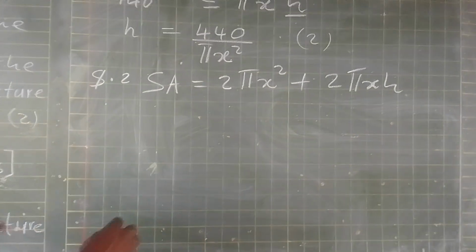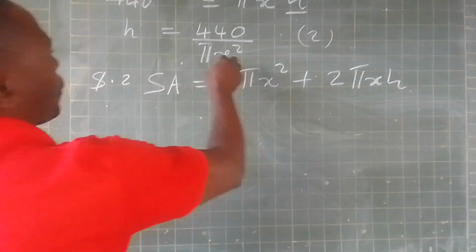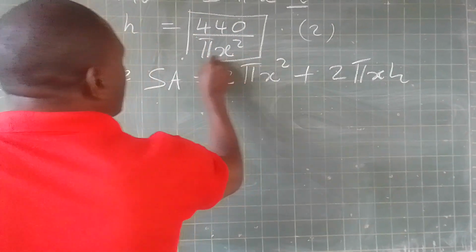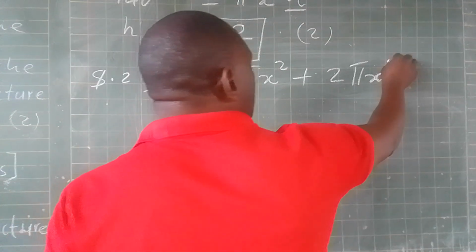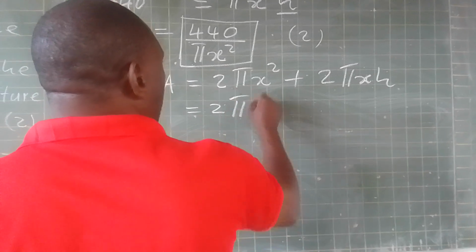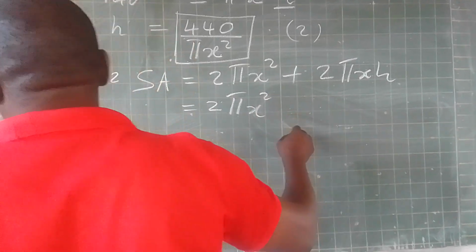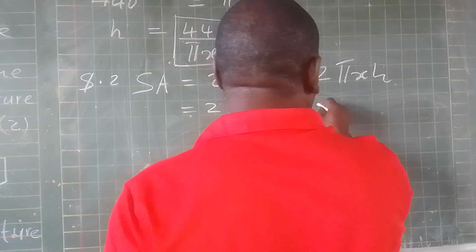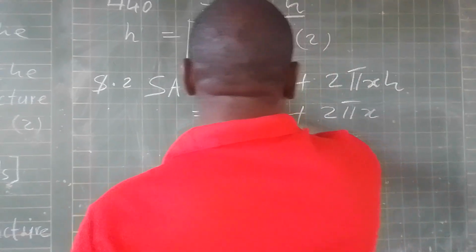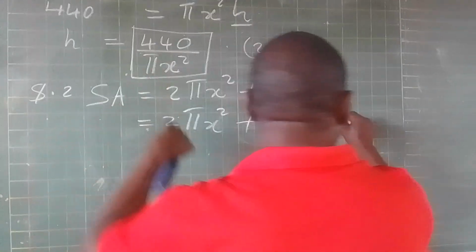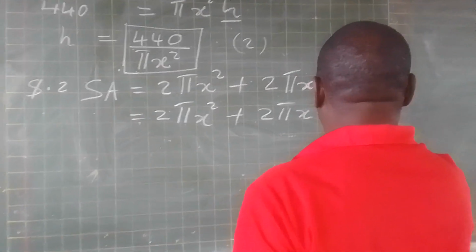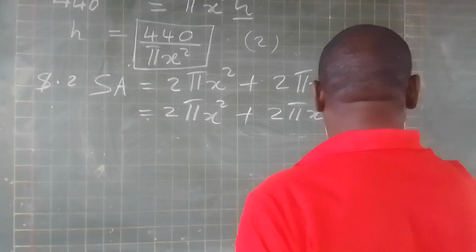Now, we know that h is this value. We are going to substitute that value here. This is going to be 2 pi x squared plus 2 pi x, instead of h we put 440 divided by pi x squared.